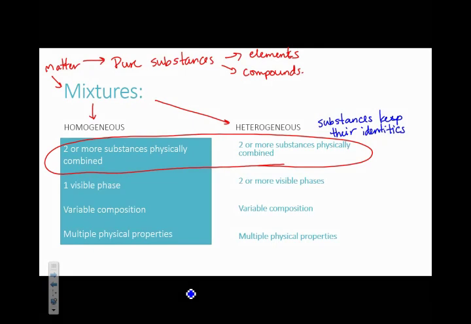Whether it's a heterogeneous mixture or a homogeneous mixture, the stuff that's been mixed together is still itself, and it's just been mixed with something else. So if you think about taking some red marbles and some blue marbles and mixing them together, you still can see you have red marbles and blue marbles, right? You didn't change the marbles.